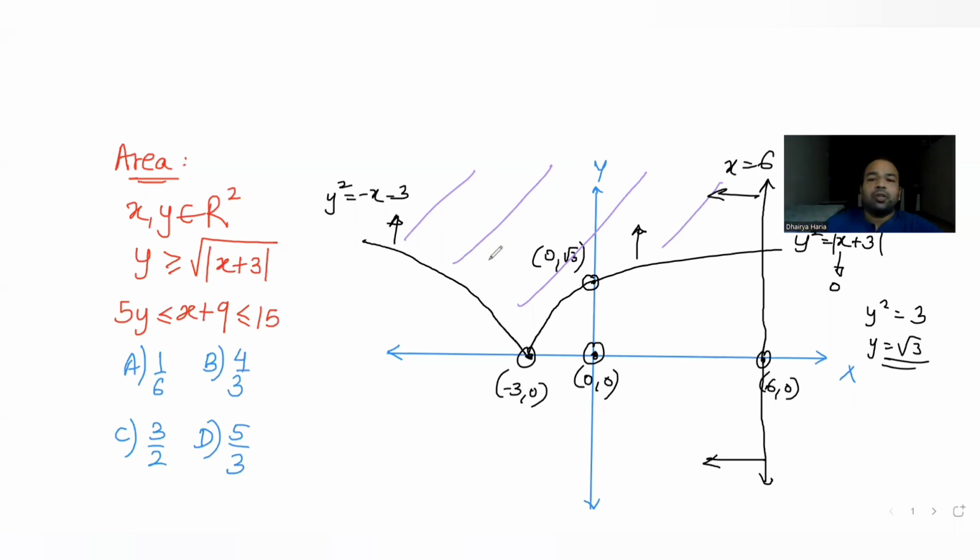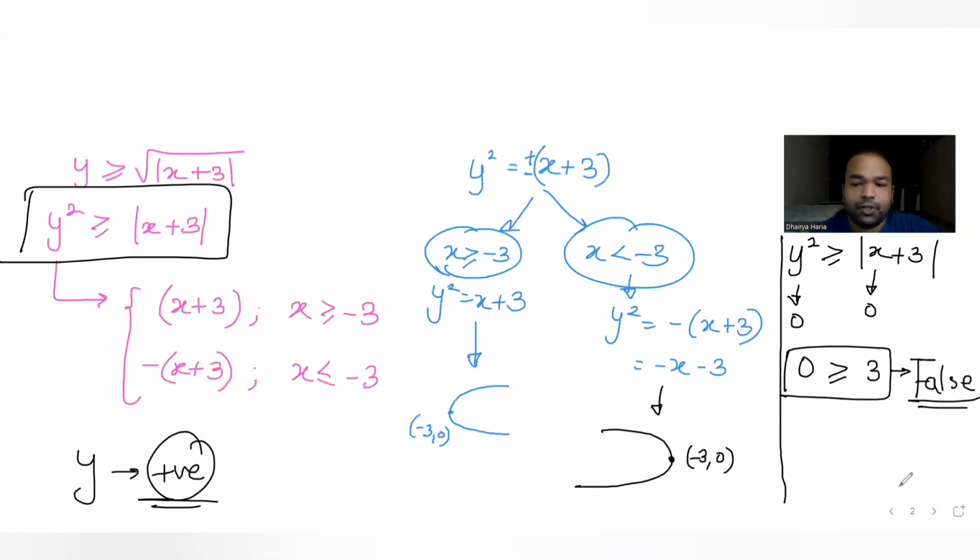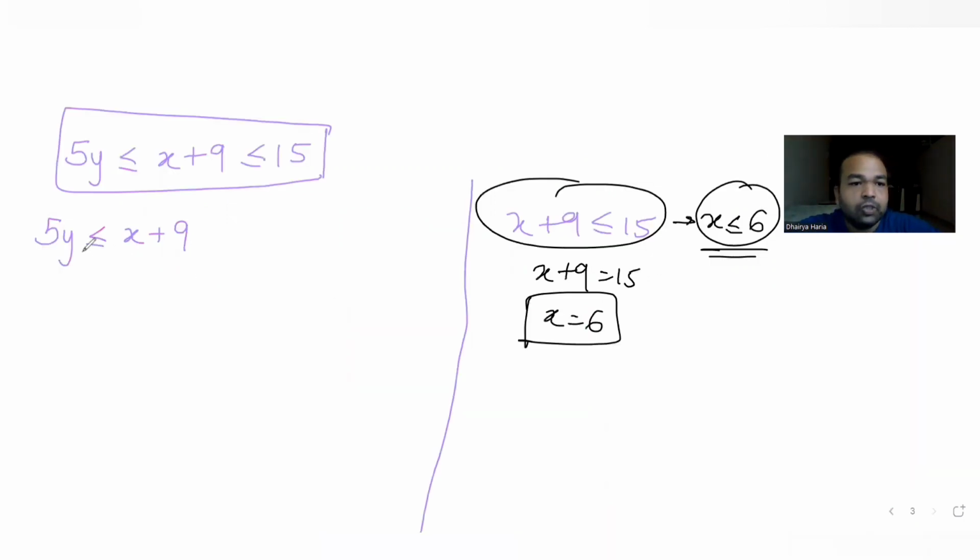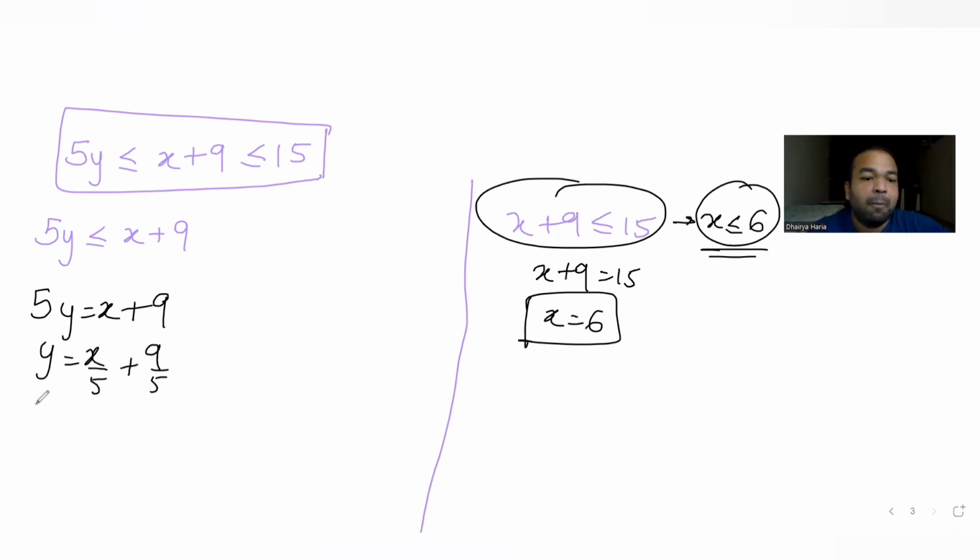When you have the region to the left, now let's plot the last equation of line and we will get the common region. If I plot it as equal to, to understand how the line behaves, I get y is x by 5 plus 9 by 5. Comparing it with y equal to mx plus c, you get slope 1 by 5.